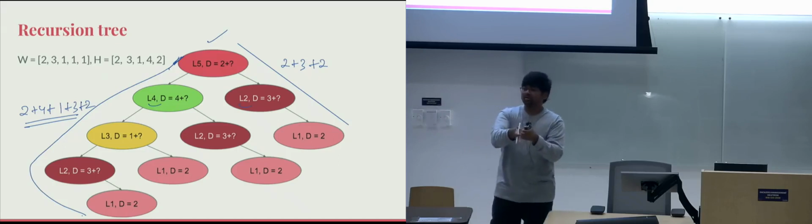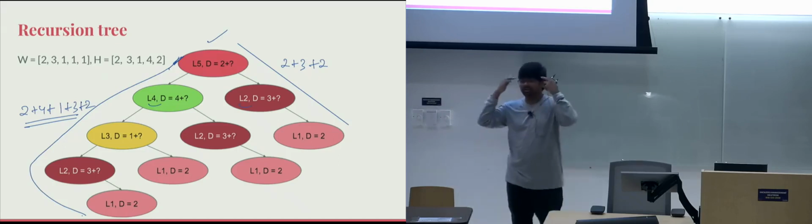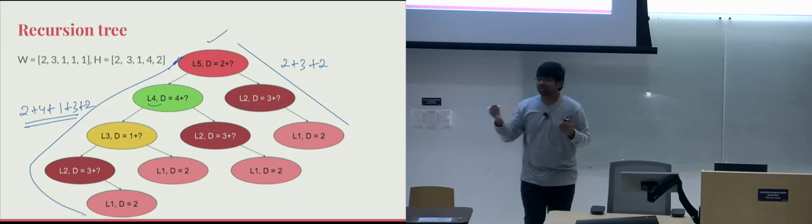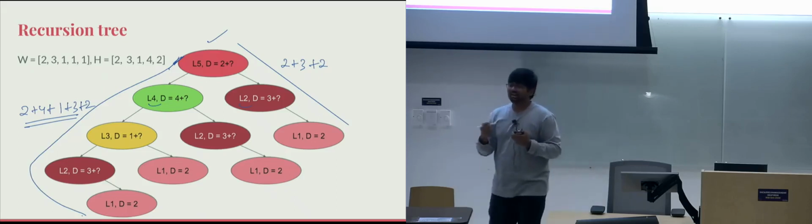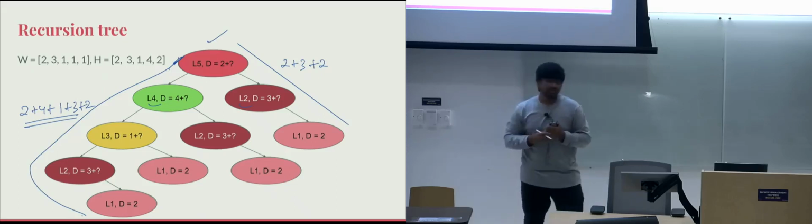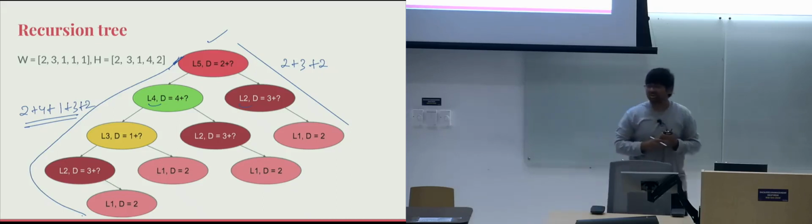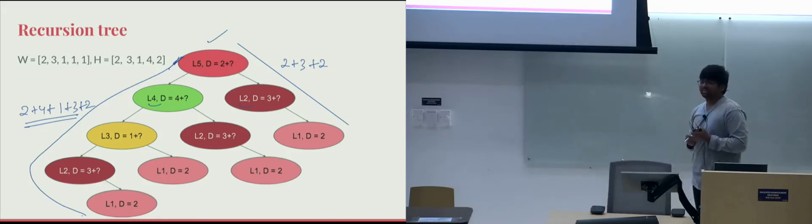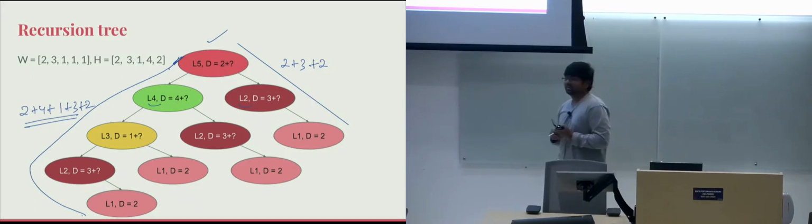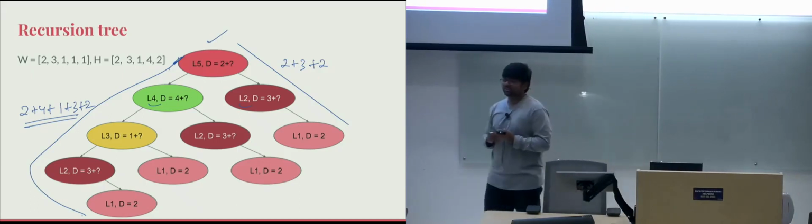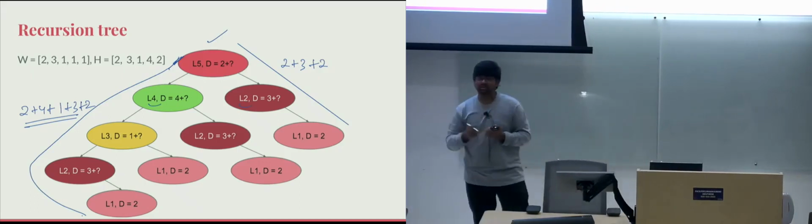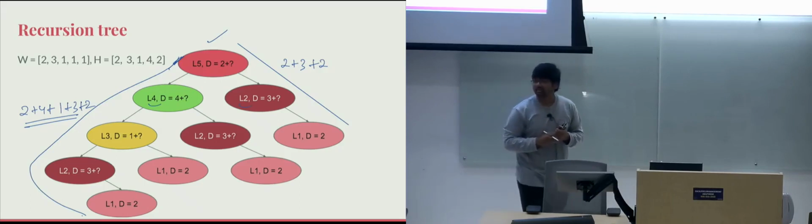You have to think in terms of recursion here. If you are able to come up with a recursion, then that makes it a bit easier. But easier said than done. You still need practice for this one. We will share some practice problems for this homework, and that will make it even clearer. Okay.